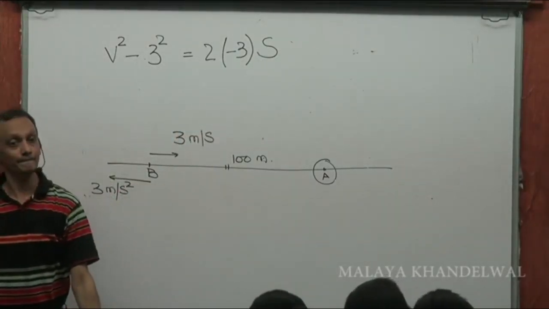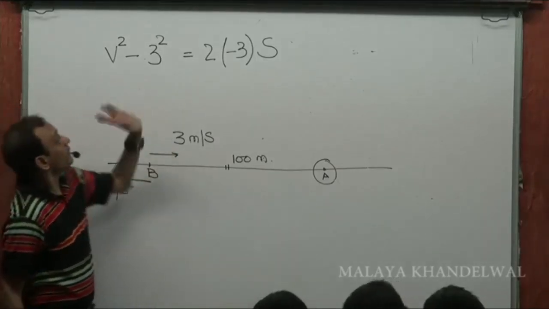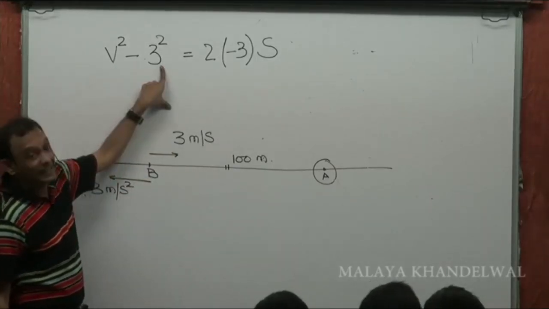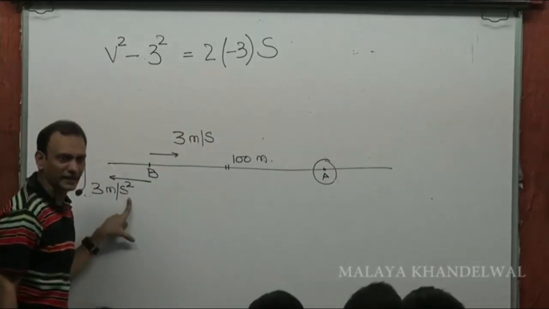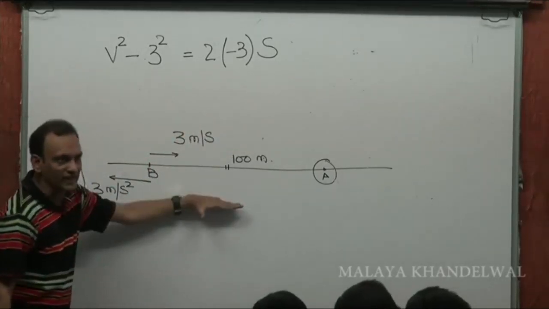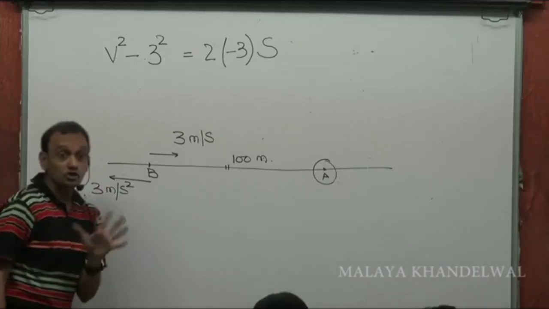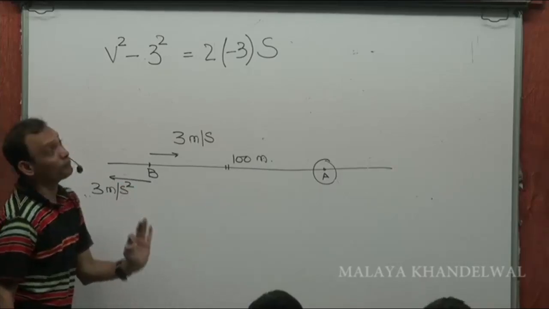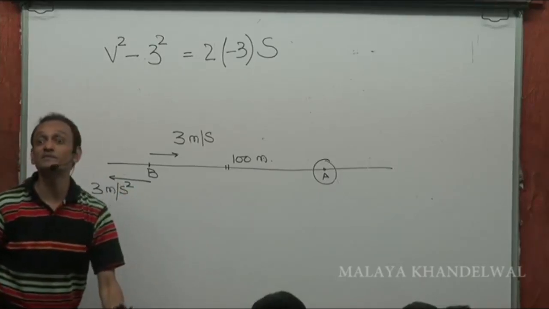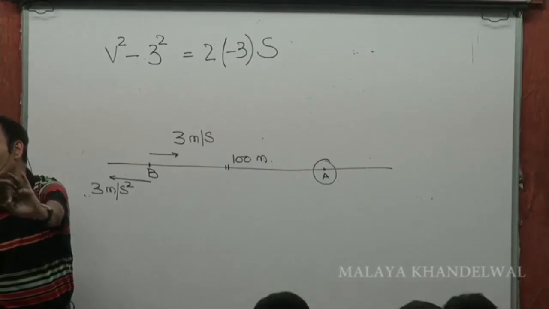What do you say? The velocity of B is very clearly decreasing while it's getting displaced further and further because it's getting retarded. So in the equivalent situation, the velocity of B is diminishing, so it will become 0 sometime. Let me find out the displacement of B by the time its velocity becomes 0.